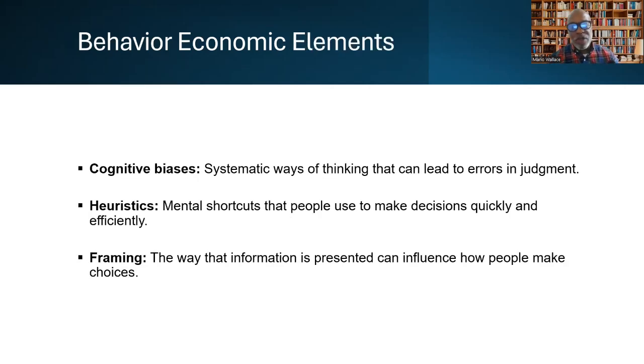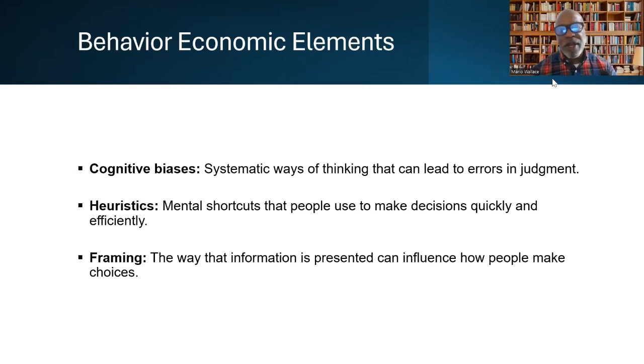So with behavior economics, there are three things that we need to focus on. One is cognitive bias, heuristics, and framing. So cognitive biases are systematic ways of thinking that can lead to errors in judgment. Then we have heuristics, mental shortcuts that people take to make decisions quickly and efficiently.